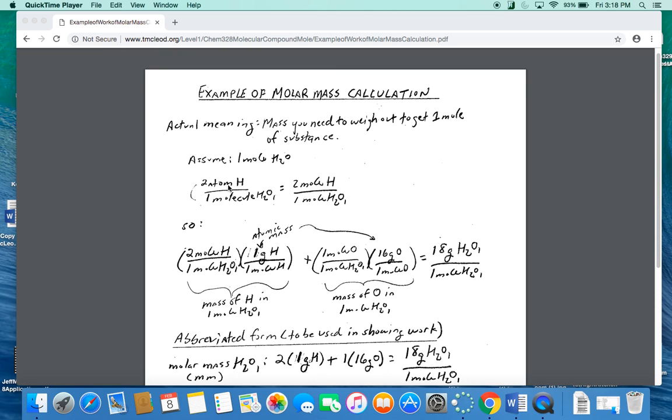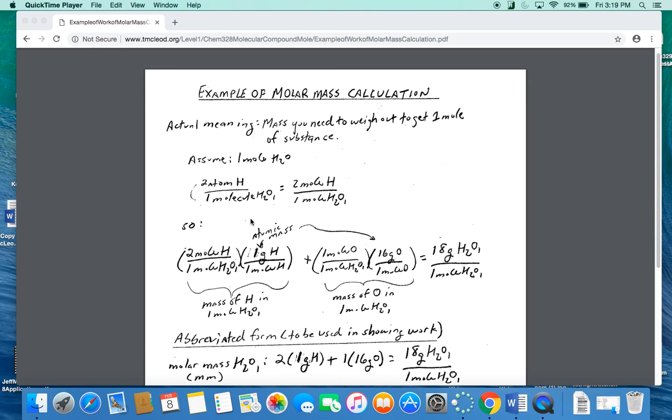And since we have 2 atoms of H in 1 molecule of H2O, if we have 6.02 times 10 to the 23rd molecules of H2O, we would have 2 times that number of atoms of hydrogen. But we wouldn't usually write those numbers. What we would usually say is that there are 2 moles of H in 1 mole of H2O. And that concept we'll use in this discussion.